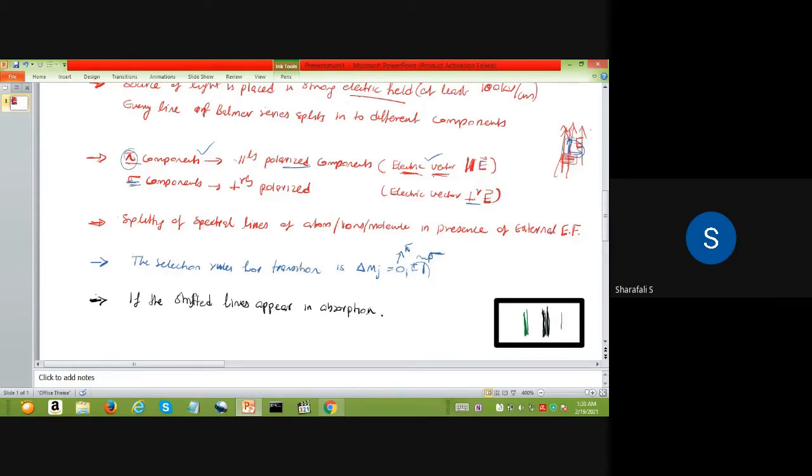So the lines appear in absorption. The effect is called the inverse Stark effect.